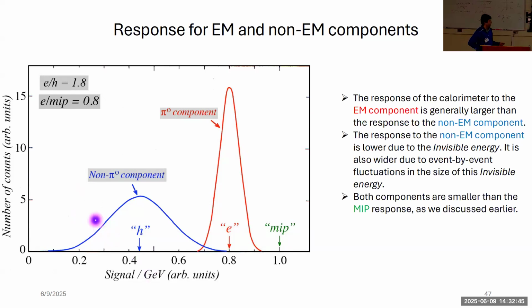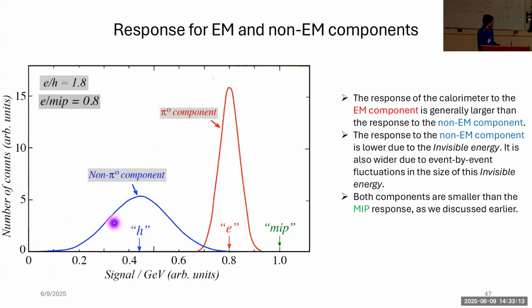And most of the time, for most hadronic calorimeters, not for all, this red E part will be larger than the H part. So when this E over H ratio is not 1, that means two things. One, the fraction is changing, and also the responses are different for the two parts, the pi zero part and the non-pi zero part.